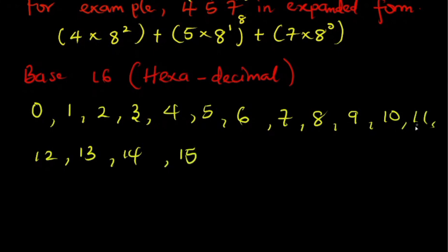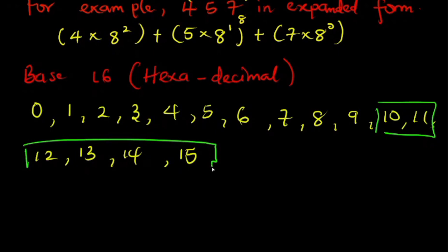Now take note of something. From this 10 down to 15, to avoid a confusion, let me highlight them. From 10 to 15, we have special symbols for them. We don't write them like this to avoid confusing 15 in base 16 with 15 in base 10.